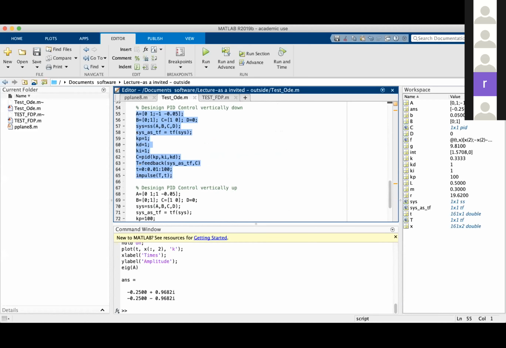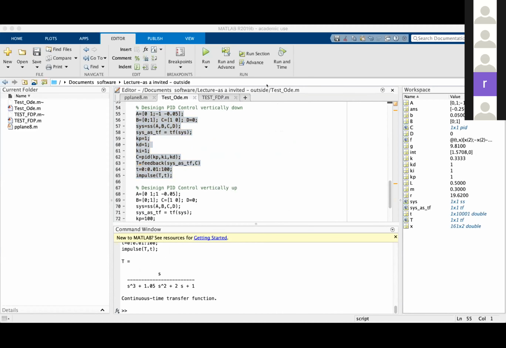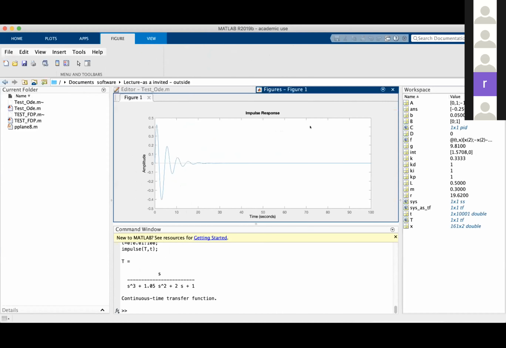If you see this figure here, you can see there's less oscillation. The number of oscillations is reduced, but there is still some overshoot even after 20 seconds. The good thing is that the system, even with less oscillation, is going to settle at the equilibrium point 0, 0.